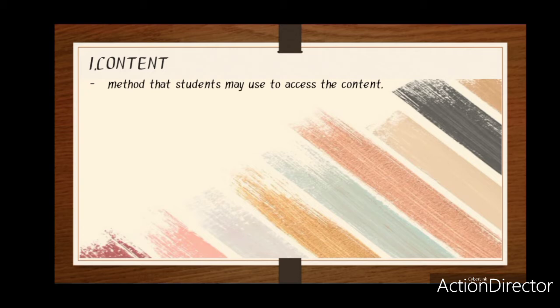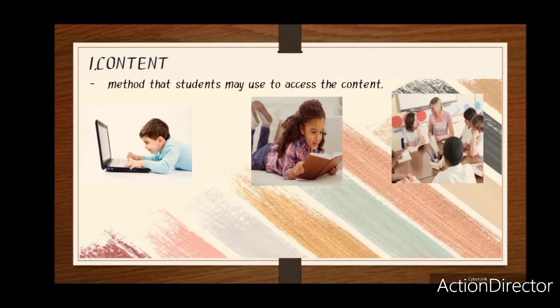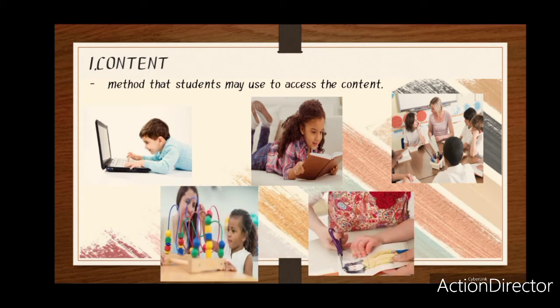For instance, students may acquire information through watching a video, reading independently or with a partner, participating in a group demonstration or discussion, or the teacher will vary presentation of the content such as modeling the content or doing educational games to learn and master the content.